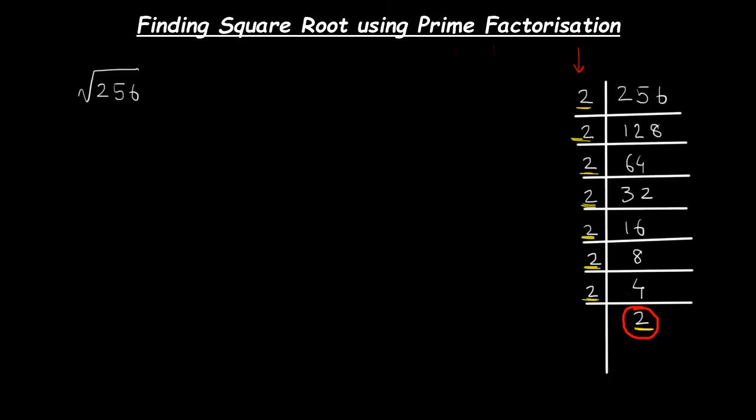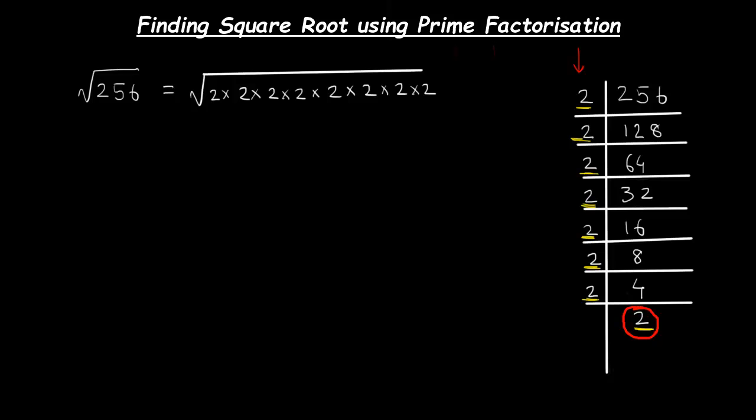So 256 can be written as 2 multiplied eight times. So the square root of 256 is equal to the square root of eight 2's multiplied: 1, 2, 3, 4, 5, 6, 7 and 8.